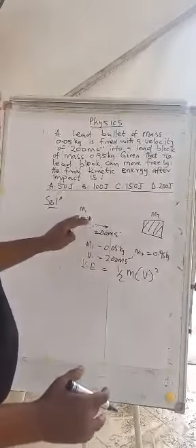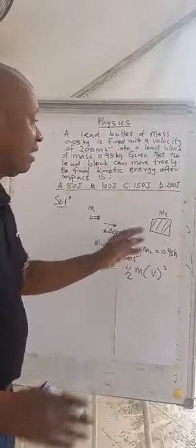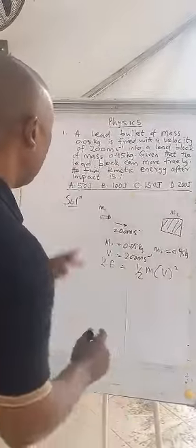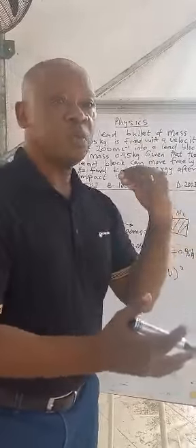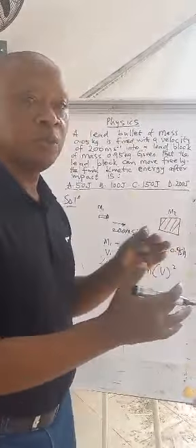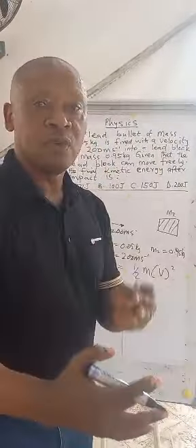If you look at this question, this is momentum that we're talking about here. That's the only way we can get the final velocity. So momentum says the sum total of the initial momentum is equal to the sum total of momentum after impact.